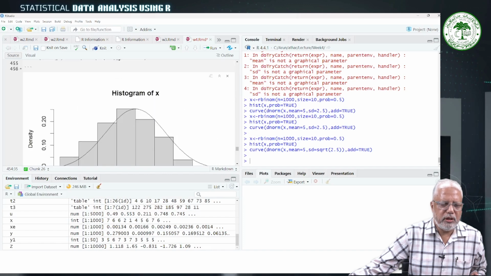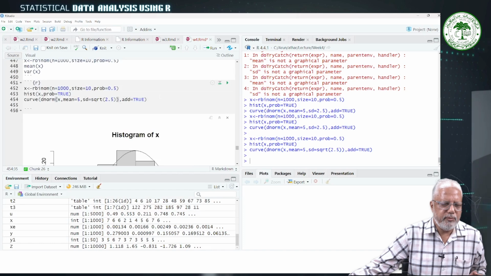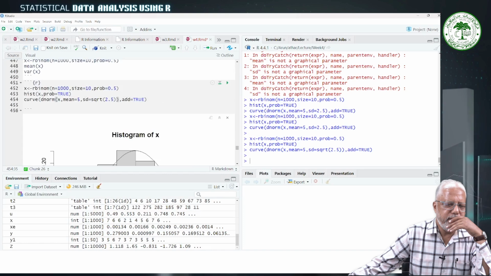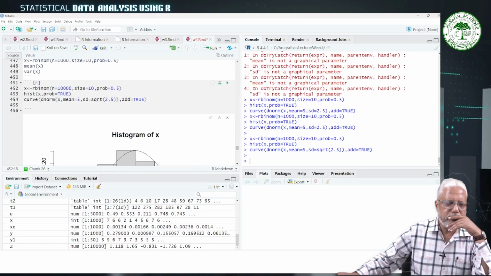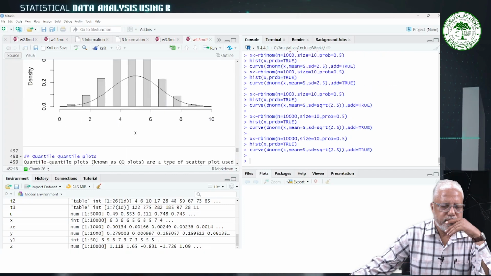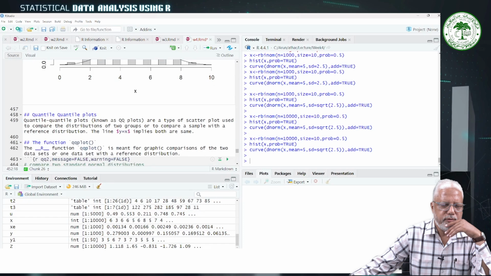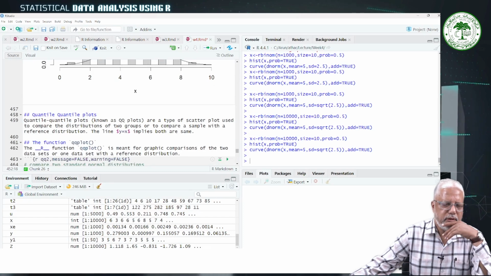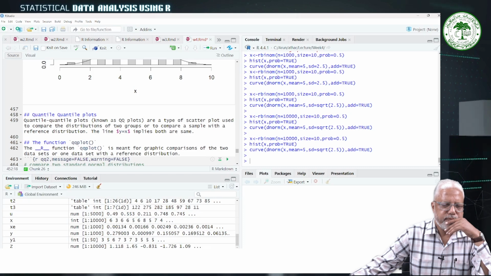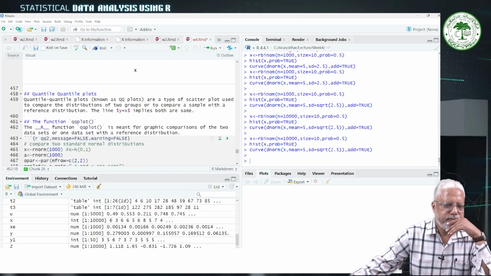This is nothing but the central limit theorem. Central limit theorem says that if we increase the size here, say 10,000, the situation will be better. So this is all about the closeness of normal and binomial distribution.